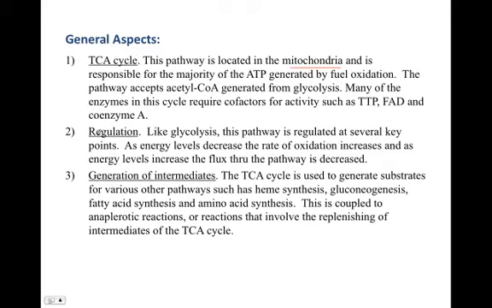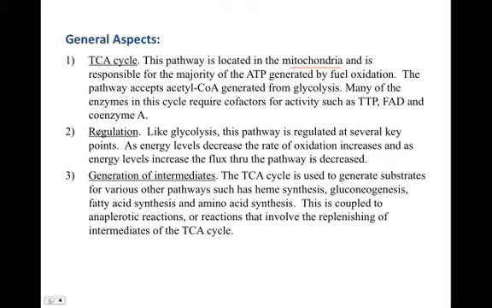In addition to oxidizing acetyl-CoA, the TCA cycle is required to generate substrates for various other pathways. The intermediates of the TCA cycle are used for heme synthesis, gluconeogenesis, and fatty acid synthesis, as well as amino acid synthesis.